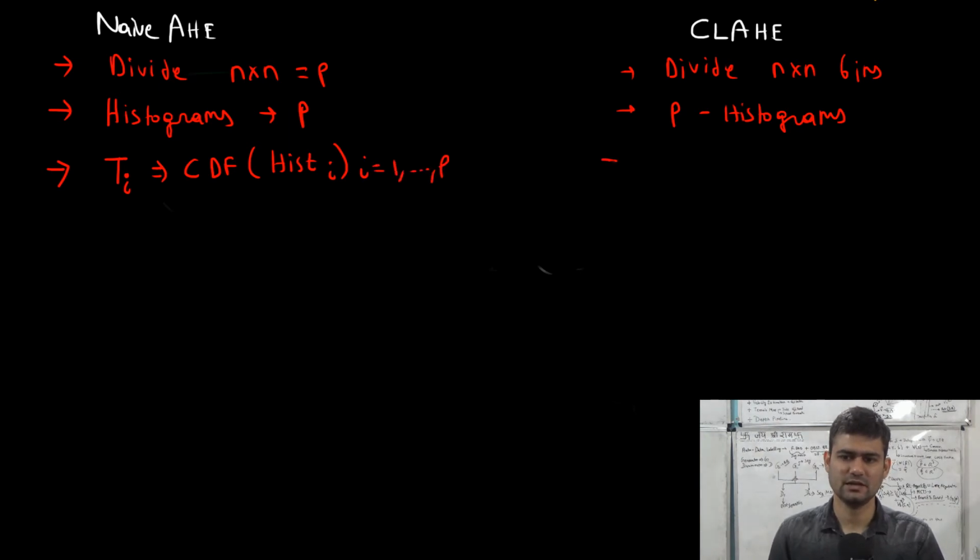Whereas in the CLAHE, we first clip each of those histograms. So this is our additional step. We clip the histograms with a user-defined threshold.